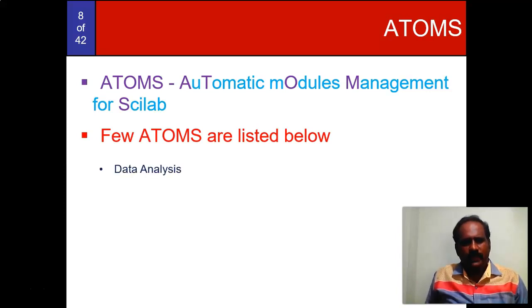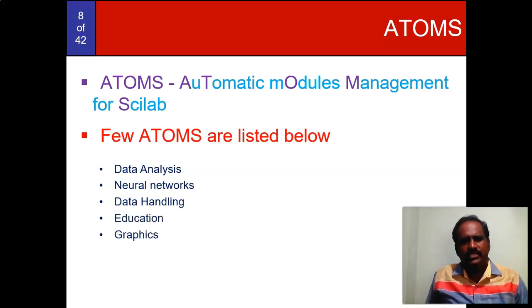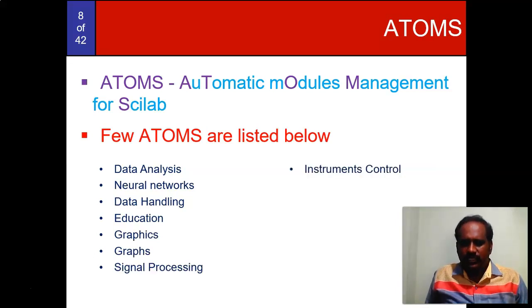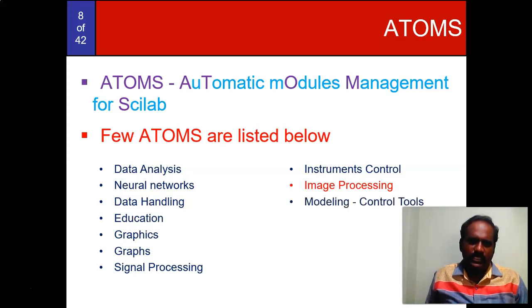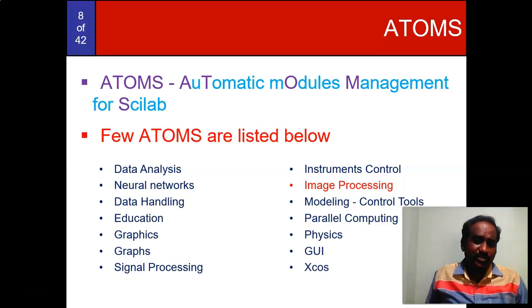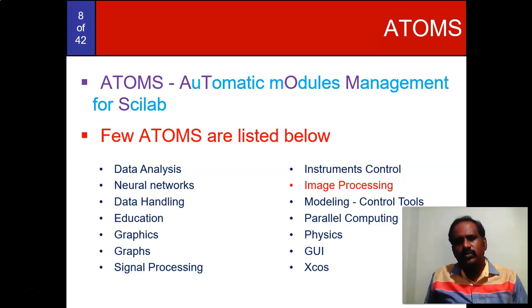You can see data analysis, neural network, data handling, education, graphics, graphs, signal processing, instruments control, image processing, modeling control tools, parallel computing, physics, GUI, Xcos, which is an alternative for your Simulink. These modules you have to download. This also comes in a free version, so there is no need to pay a single paisa for using Scilab.